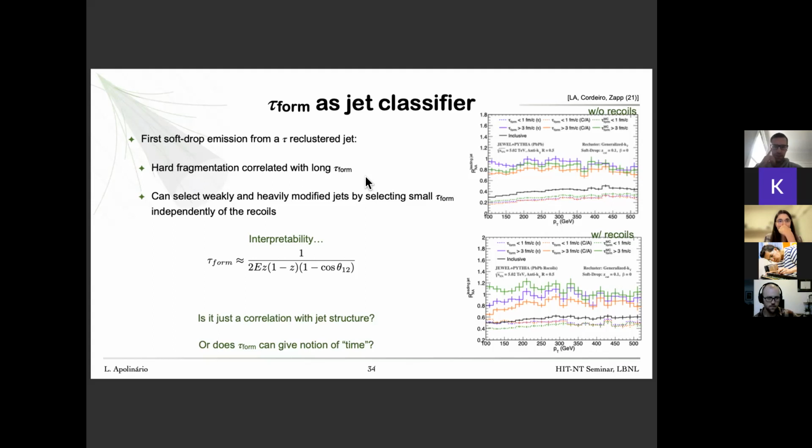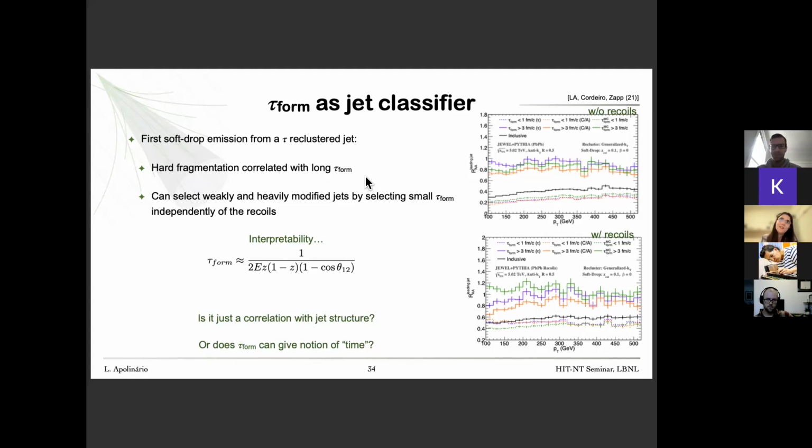Should we think about it purely as a different observable to classify jets by, or is there some way we can, in a deep theoretical way, connect to the question of the jet going through the plasma? I wanted to ask your opinion on the prospects for this. Do you view the formation time more as just another, maybe efficient, way to classify jets, or do you think there is a theoretical path to actually answer how much the jet is going through the plasma and being modified according to some notion of time?